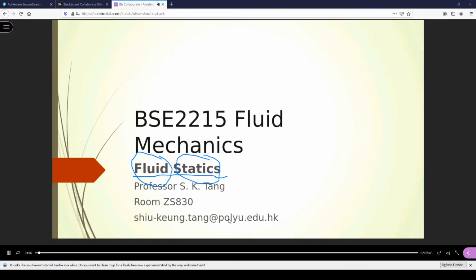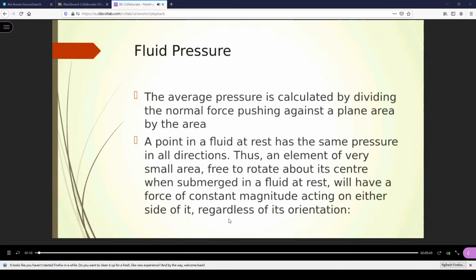Alright, so next, first we come here and remind you something about pressure. What is the fluid pressure? Remember last time we looked at a plate, and we have many particles bombarding on the plate. Each bombardment creates a force on the plate because of the velocity change.